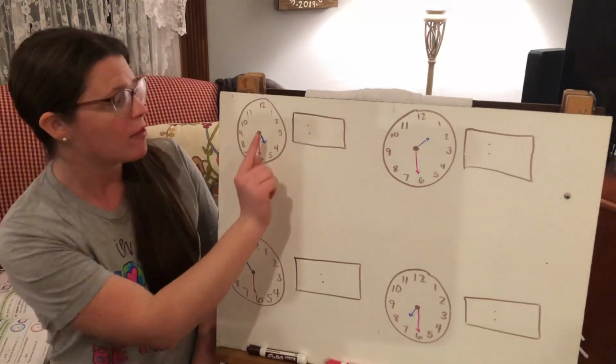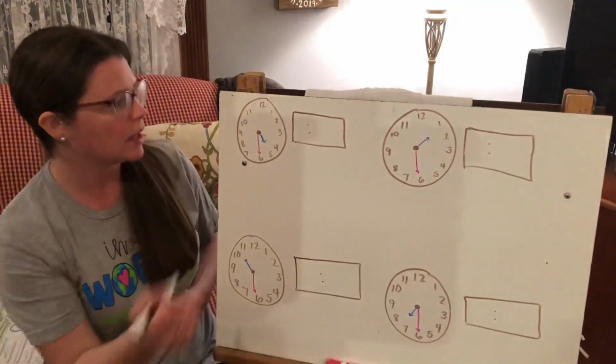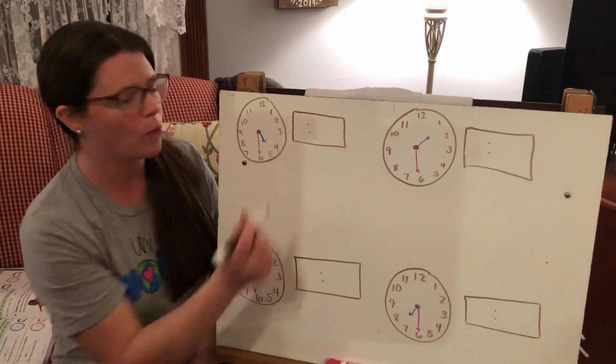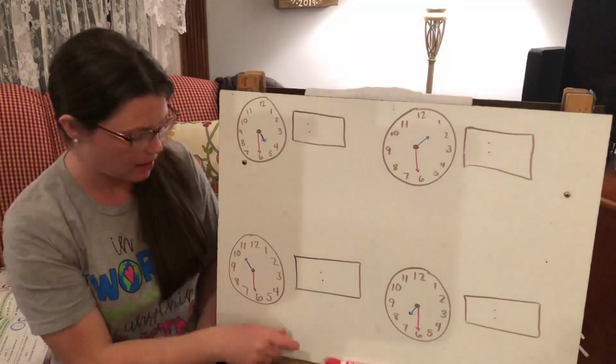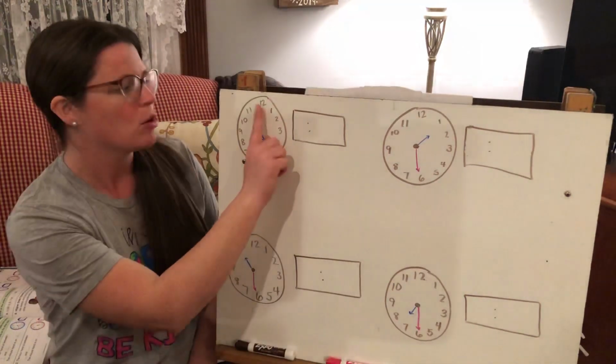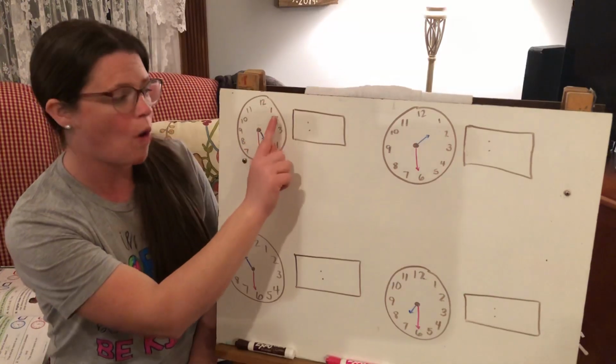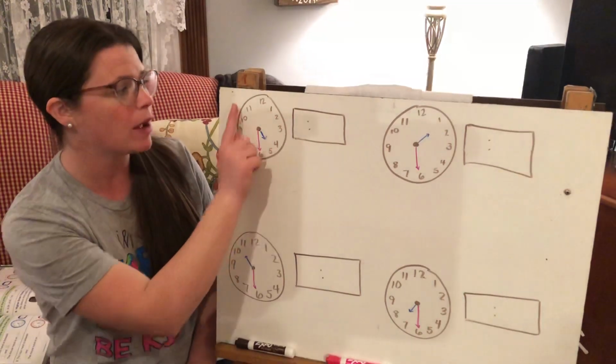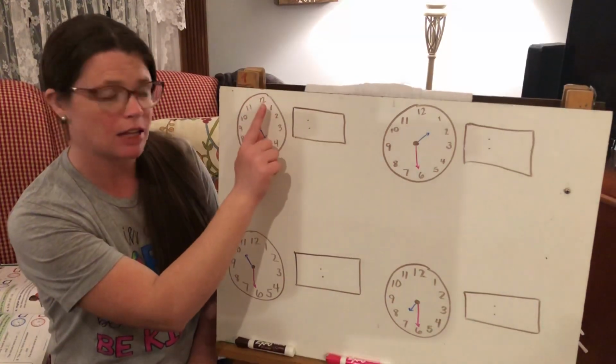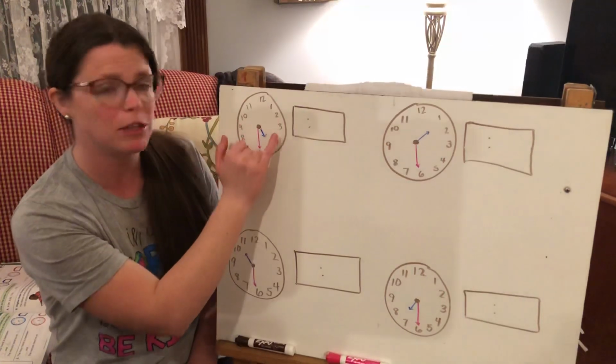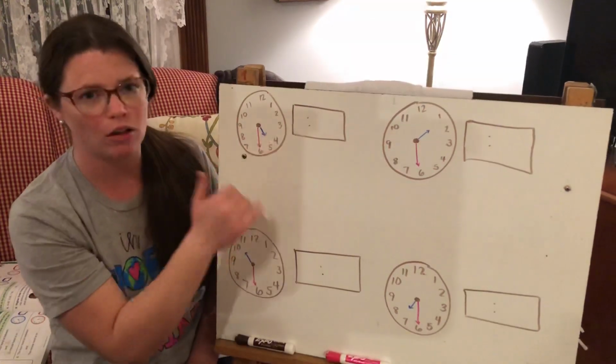So basically, there are 60 minutes in an hour. Between, let's say, 1 o'clock and 2 o'clock, this minute hand will start at the 12 and go all the way around until it gets back up to the 12. And then it will be 2 o'clock and so on and so on.